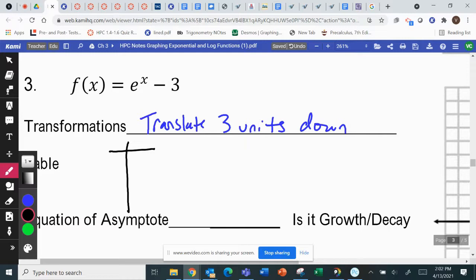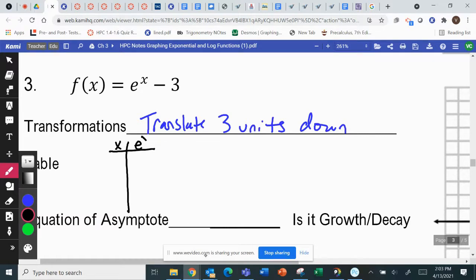What's E? Exponential or logarithmic? E is the natural base, and you see in there it says e to the x power. That's exponential. What is the log of this exponential? Natural log, ln, right. So this one's not logarithmic, it's exponential.